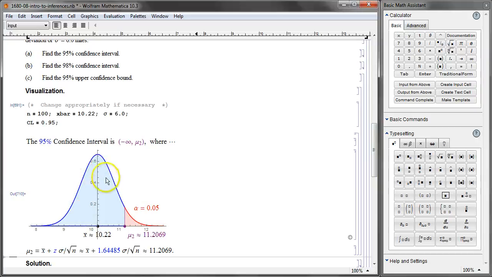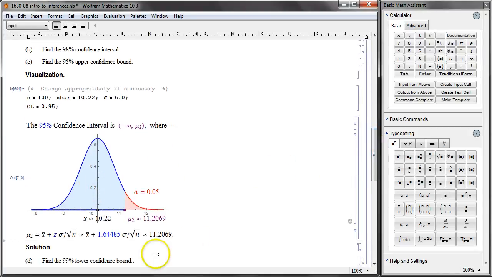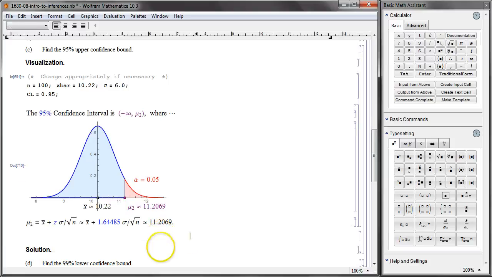We have 95% here in the blue range, and then the red part is 5%, centered around 10.22. So how do you find this end value? Well, you have to use the z-score associated to this entire blue part of 95%.